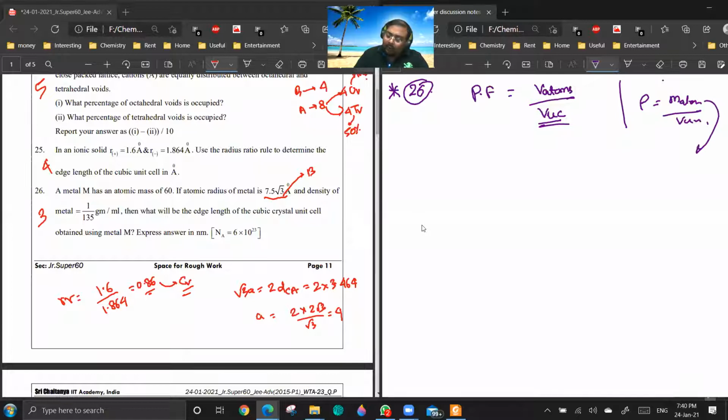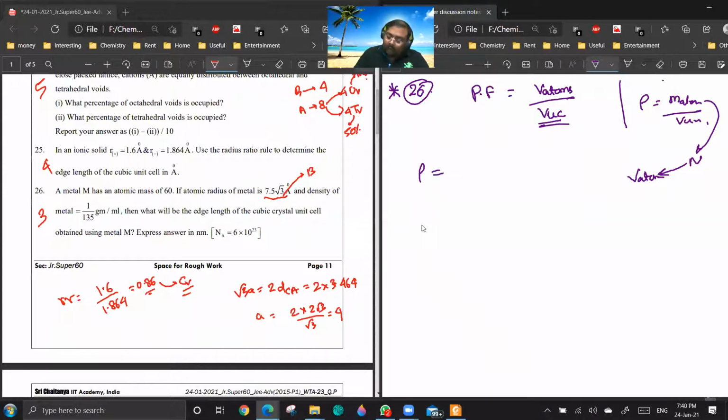Now from mass you can find out number, and from number you can find out volume of atoms. Are you getting a point? If that is the case, then can we find a formula for that? Can you try? Let us try.